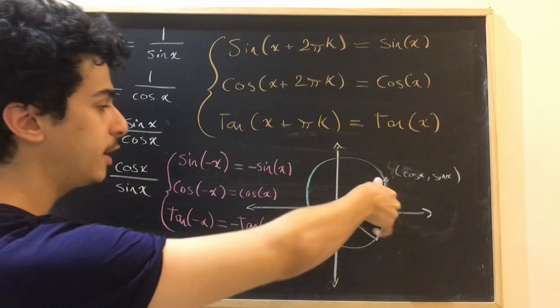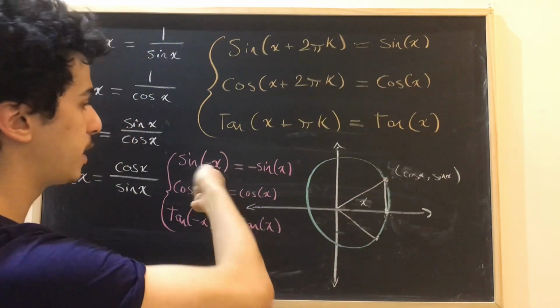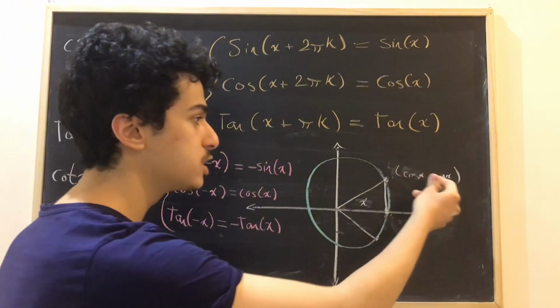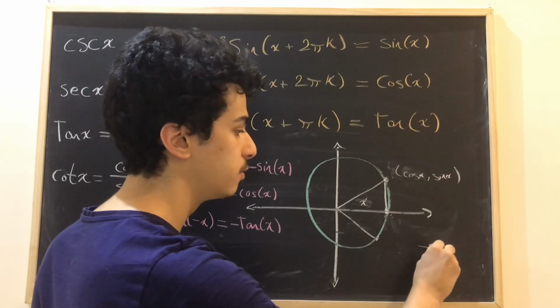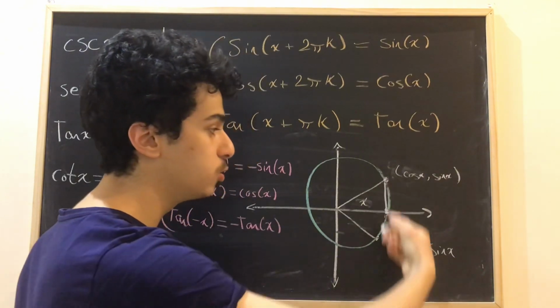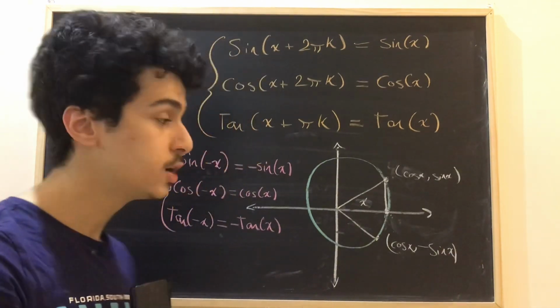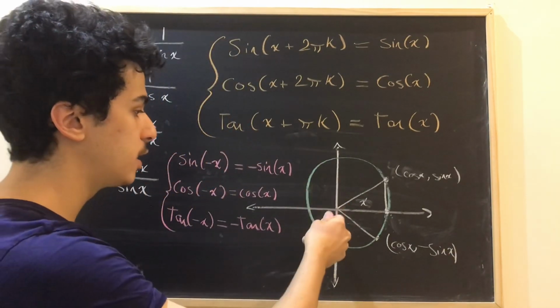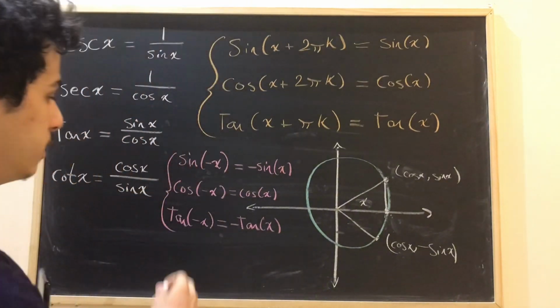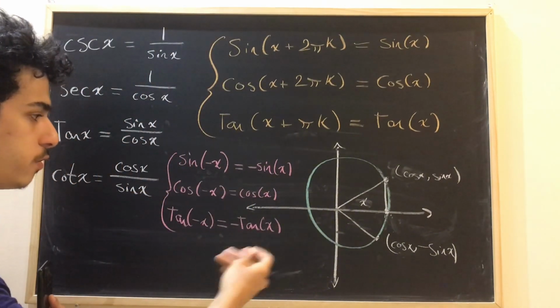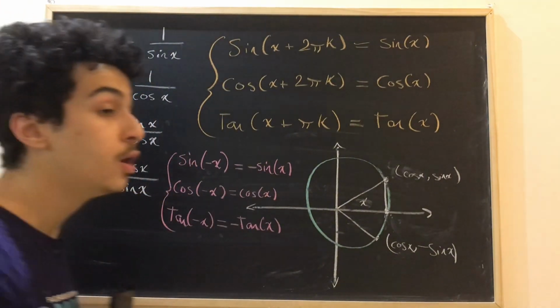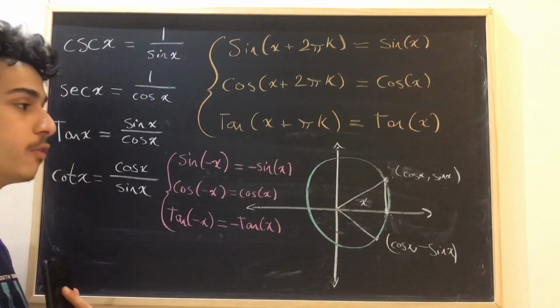When we multiply x by -1, we're changing the sign into a negative sign, but the cosine is conserved. It does not change. And the same goes for the second and third quadrants. Now, tangent is a quotient of an odd function and an even function, making it an odd function itself.